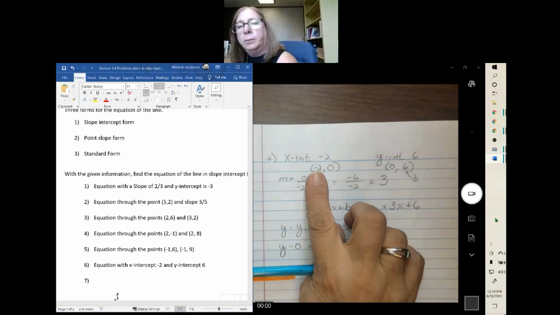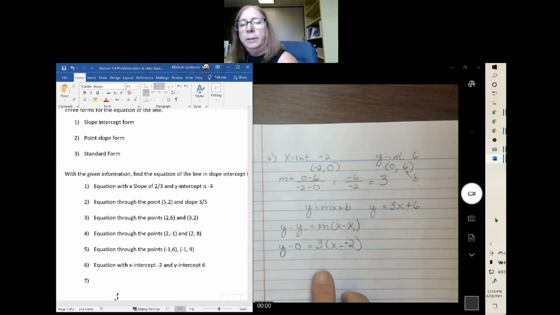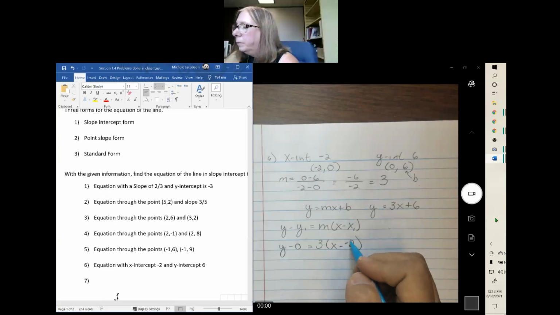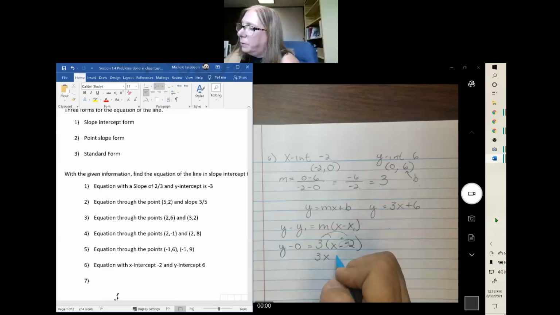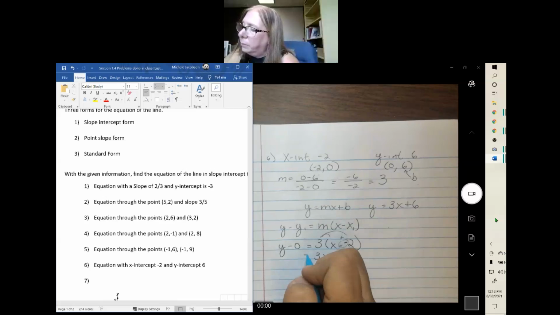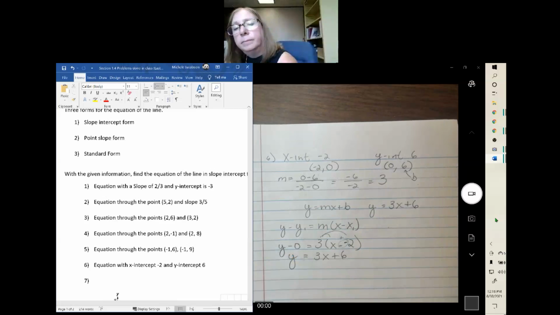So if I use this point for x1 and y1, I would get this. Negative and negative is a positive. So when I distribute, I get 3x plus 6 equals y. Same answer.